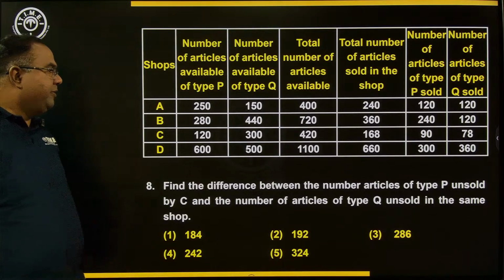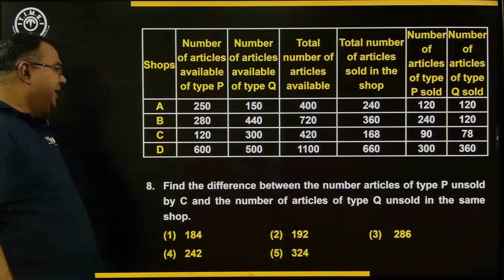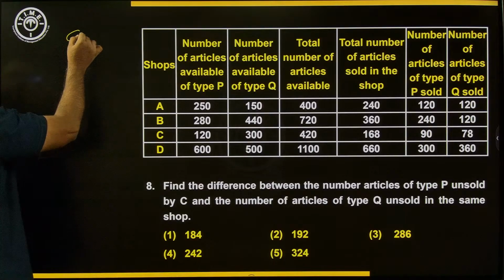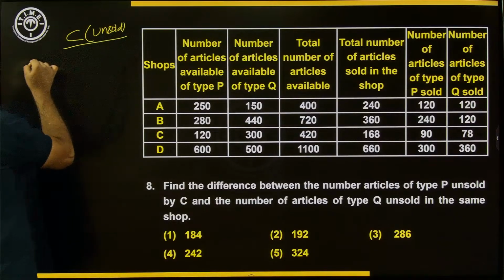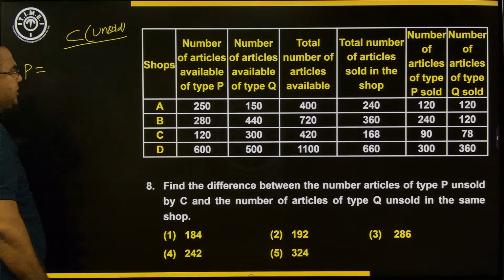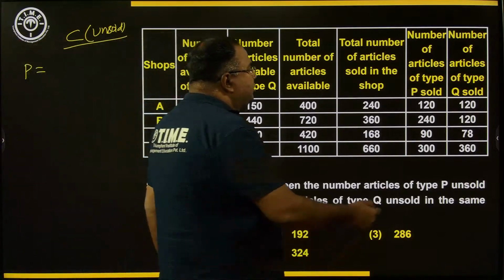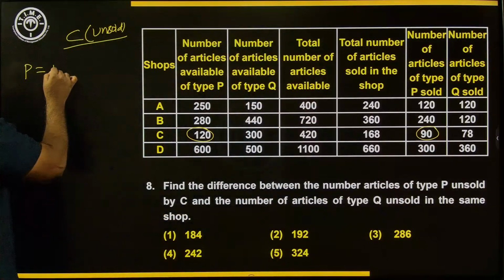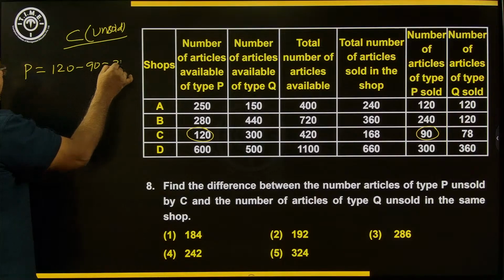Find the difference between number of articles of type P unsold by C. Okay, number of articles of type Q unsold in the same shop. Okay, shop C, I want unsold of type P as well as type Q. C, how many P are available? 120. How many were sold? 90. 120 minus 90, it has to be 30.